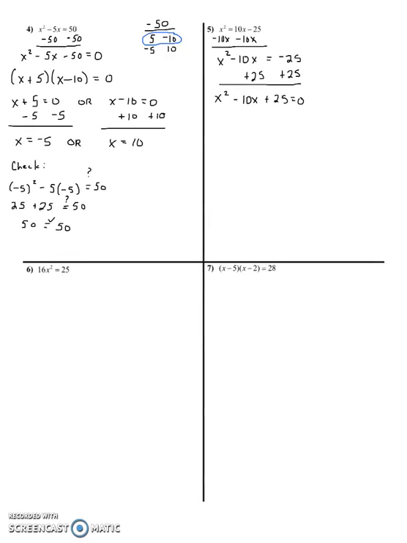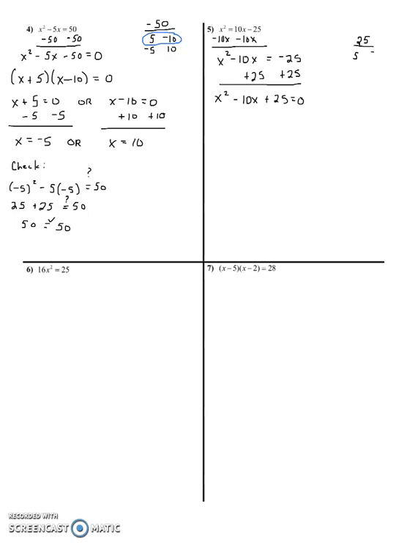Now, this is actually one of our special cases from section 6.4. This is one of those perfect square trinomials. But if you didn't know that, you could go back and do our normal method. We need two numbers that multiply to give us 25 and add to give us negative 10.